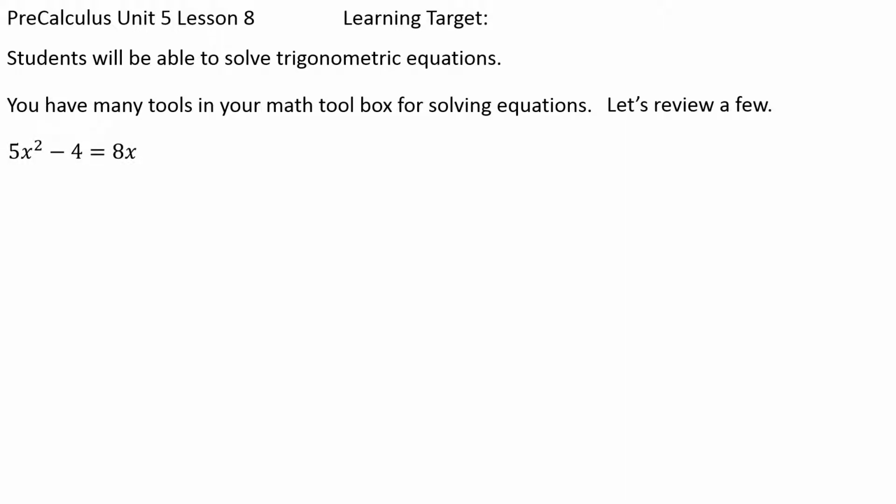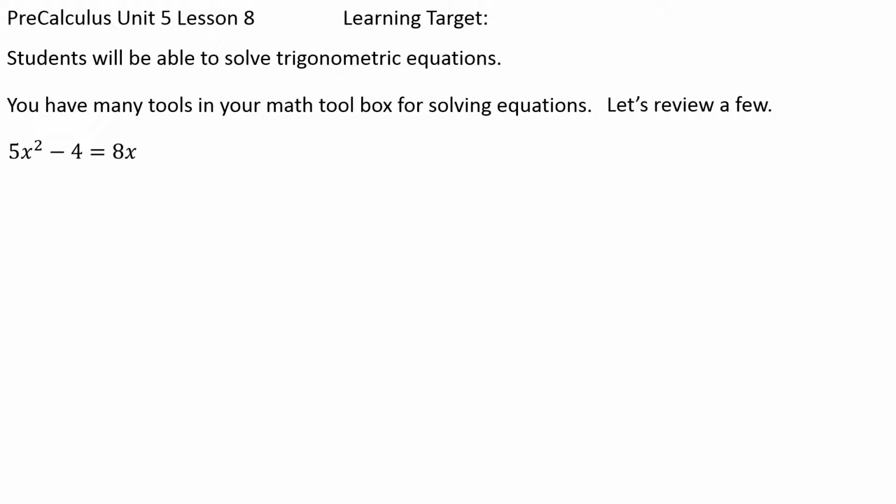So for example, if I came across an equation such as this, what do I know I have to do? Well, because I see more than one variable location, I see the x with the 5x squared, but then I see it in another location with the 8x.